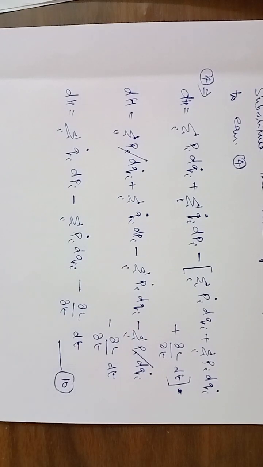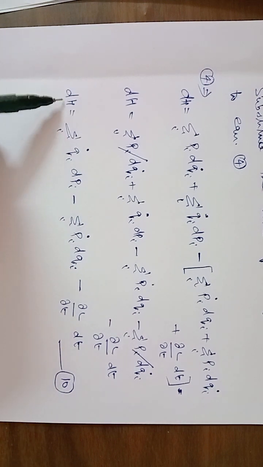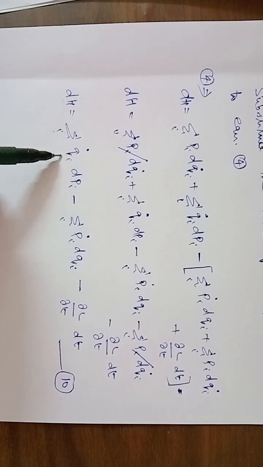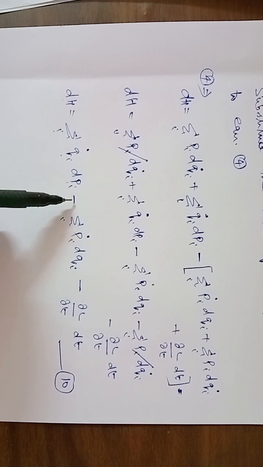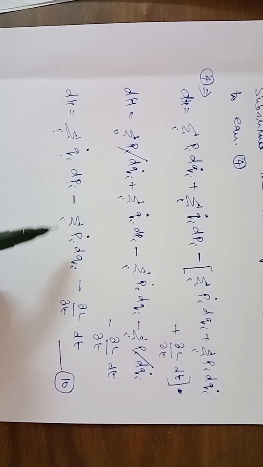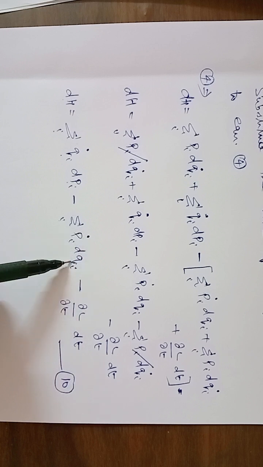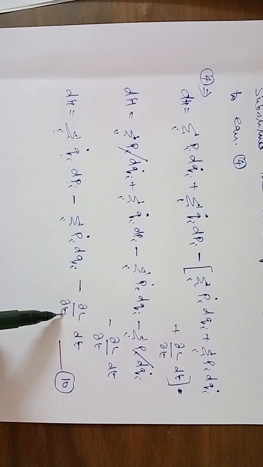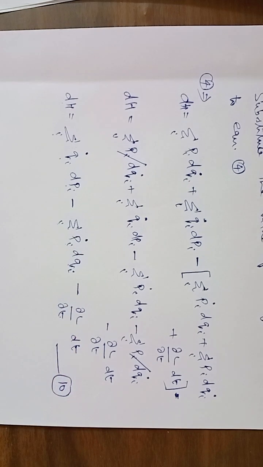Okay. Now the important term: dH is equal to summation of i qi dot dpi minus summation of i pi dot dqi minus ∂L/∂t into dt. This is equation number 10. Now compare equation 2 with equation 10.